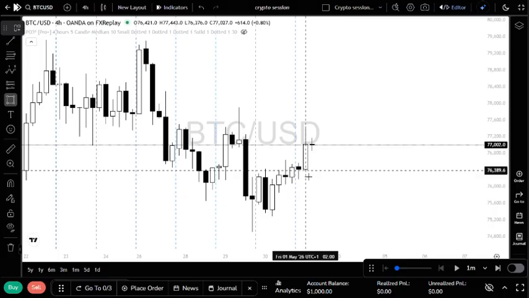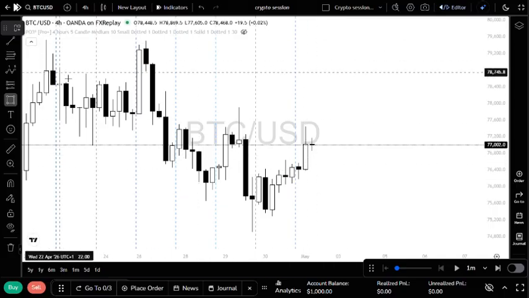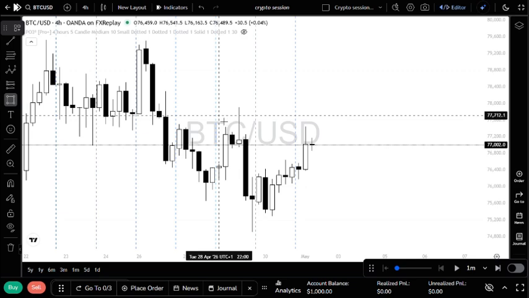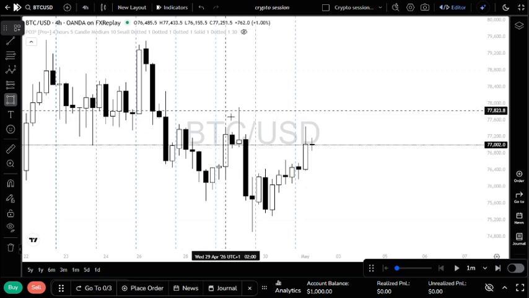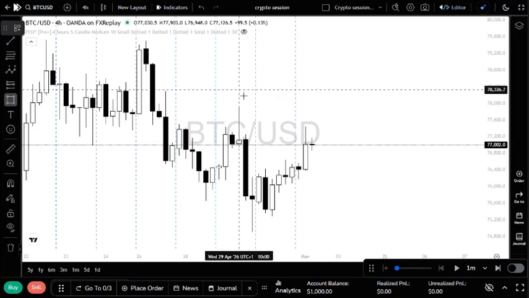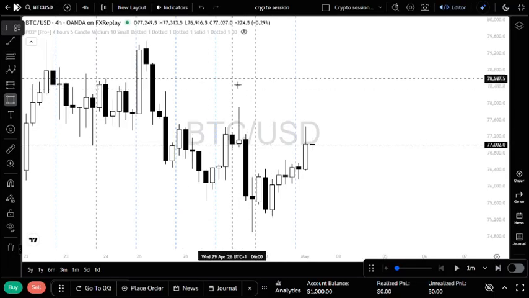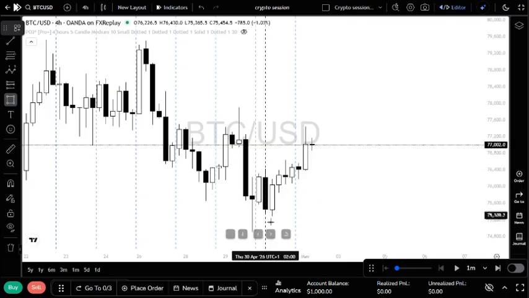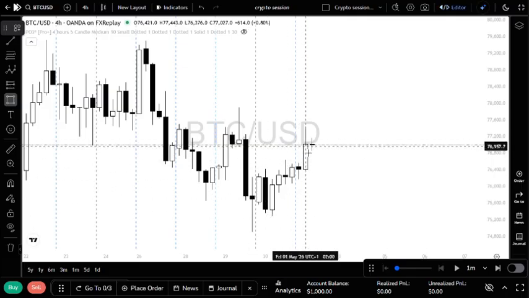As you can see, these lines you're seeing are intraday lines. Like this is yesterday, this is today. This is yesterday, this is the day before yesterday, this is the day before the day before yesterday. So if this is the intraday time frame, I want to trade this particular 4-hour candle for today.